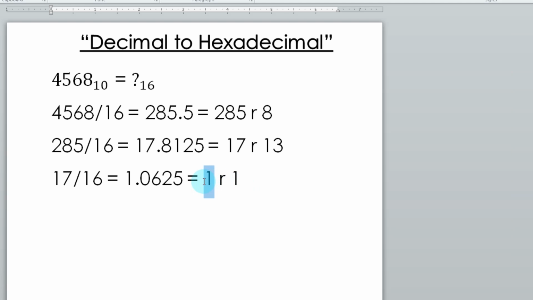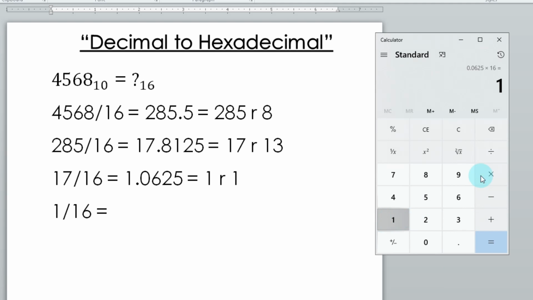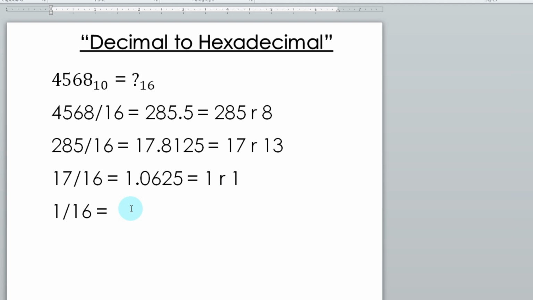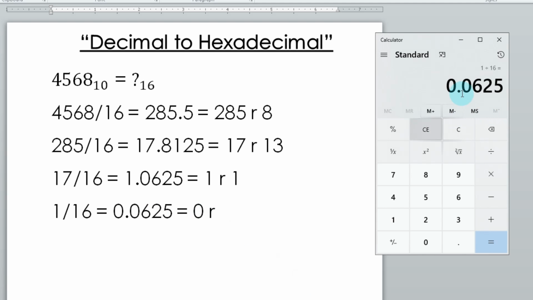Since we still have 1 here, we continue doing this. 1 divided by 16 is equal to 0.0625. Now we have a whole number of 0, but we still need to find the remainder.